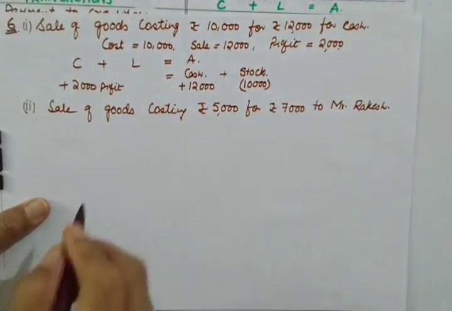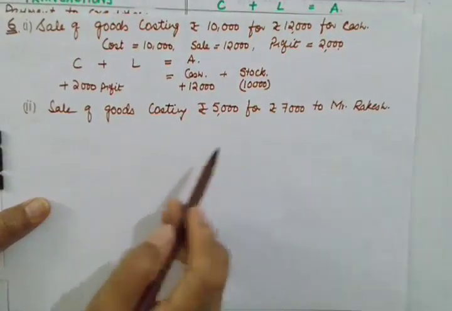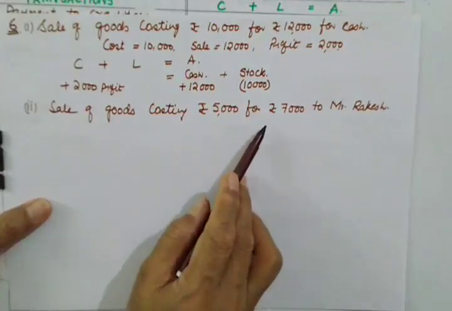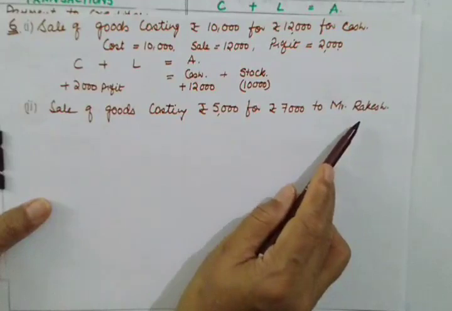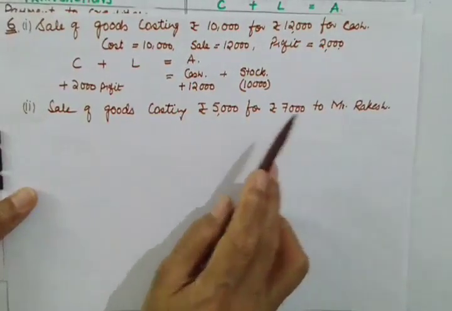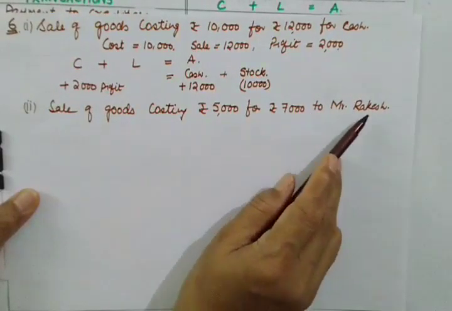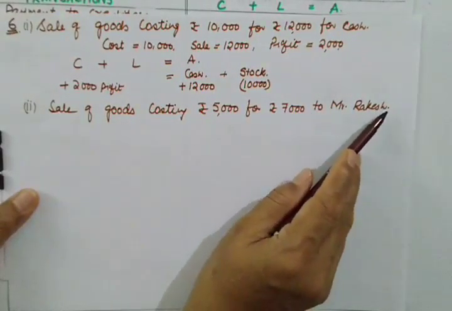Yes. Now, how do you come to know that it's a credit transaction? Because nothing is mentioned about cash, and the name of the customer is mentioned. Whenever the name of the customer is mentioned without any cash detail, we assume that it is a credit sale.